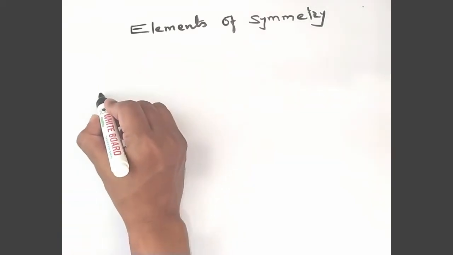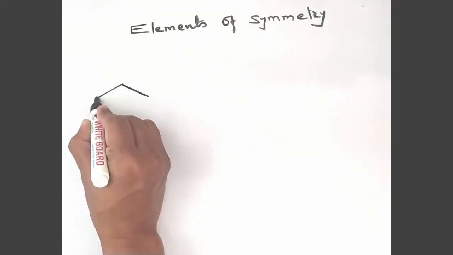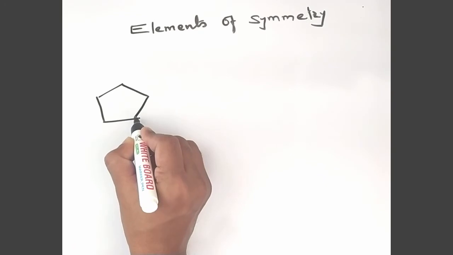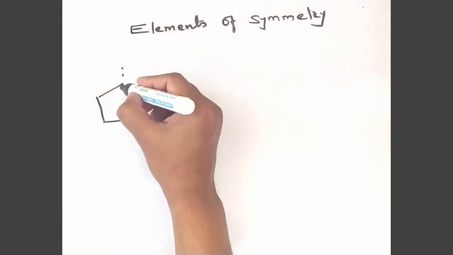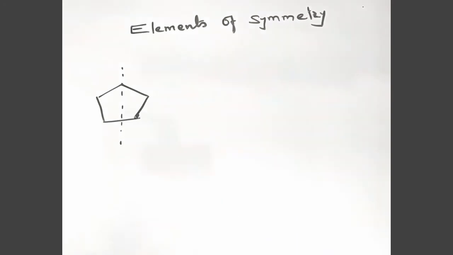For example, let's take this geometry. Now, in how many ways can we say it is symmetric? The first way, we can cut this into two parts.